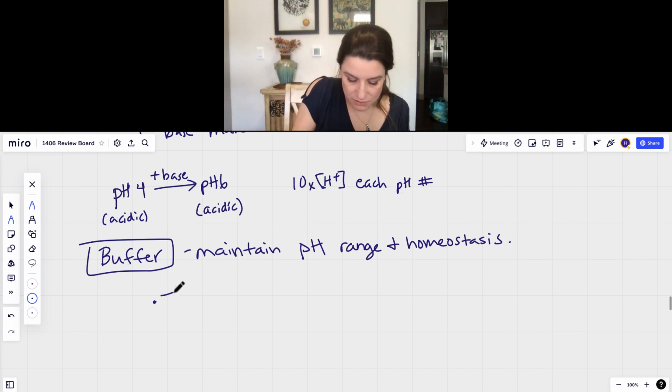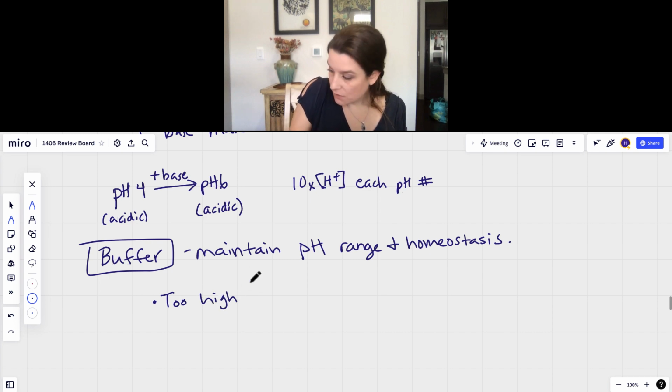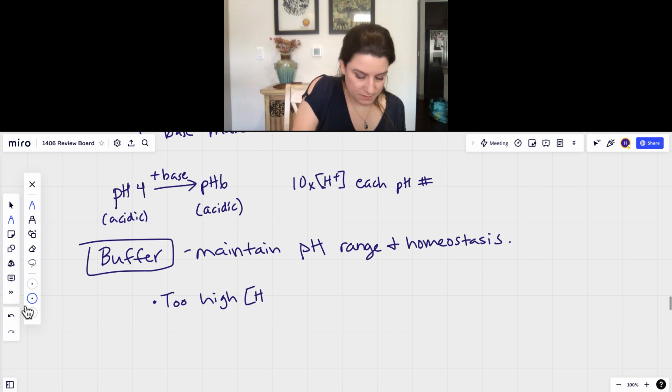So what does a buffer do? If the pH is too high, which means it has too low hydrogen ion concentration, right?